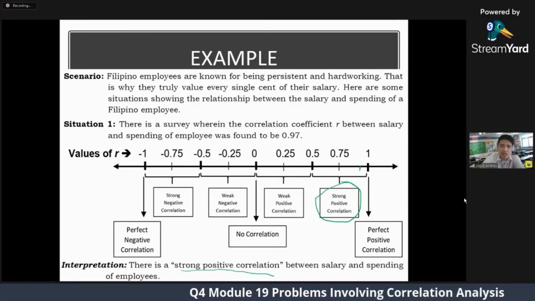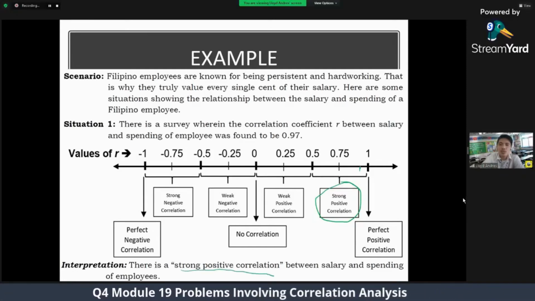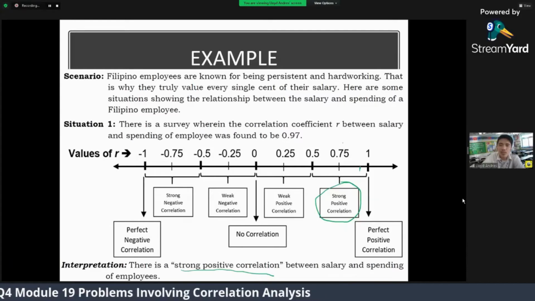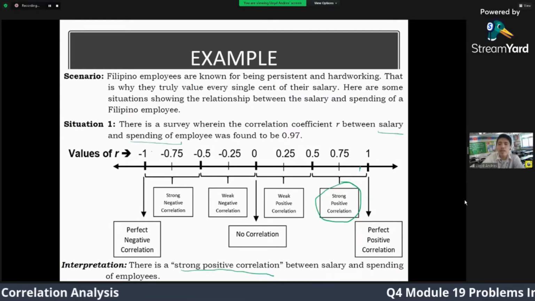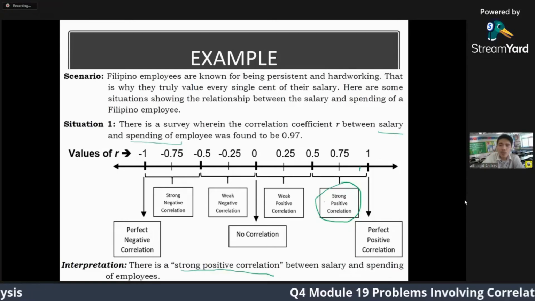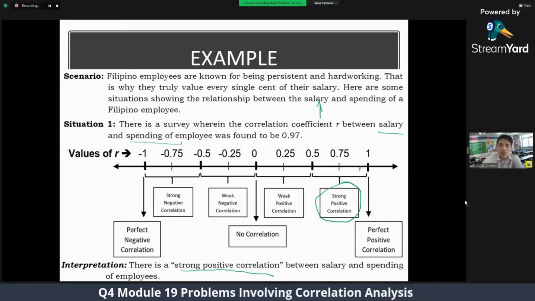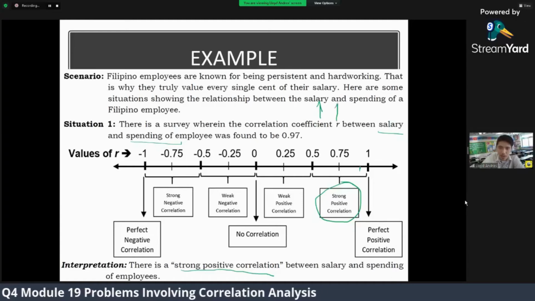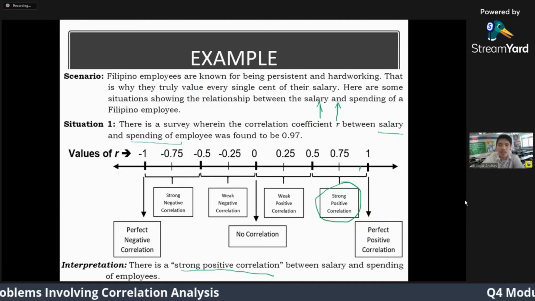Pasabot ana, strong ang relationship between the salary and spending. And then, kay positive man siya, meaning, the more ang salary niya, mas more pod siya mag-spend.